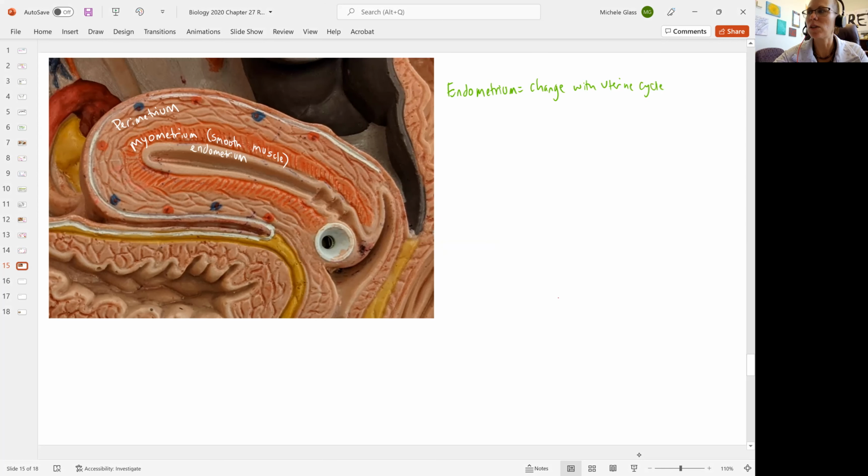We'll see it's going to have a lot of glandular epithelium. And we'll see that it's going to be important in supporting the developing first embryo and then fetus.